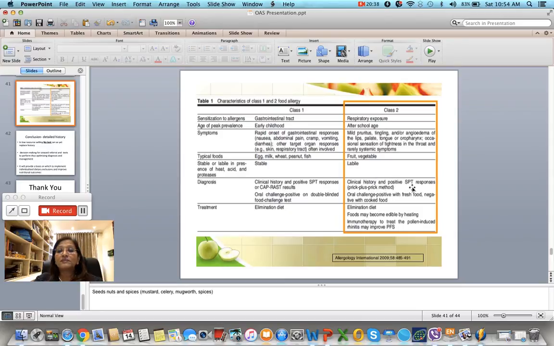Skin prick test has to be done by the prick-plus-prick method. Oral challenge is the gold standard. Elimination diet or heating the offending food, and immunotherapy work as well.